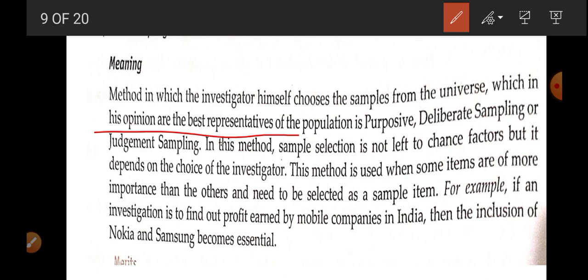First of all you judge all the performances, see who is going to be best, and you select them. It totally depends upon the opinion of the judge who is going to be selected. So it is known as judgmental sampling. Sample selection is not left to chance, but depends upon the choice of the investigator.